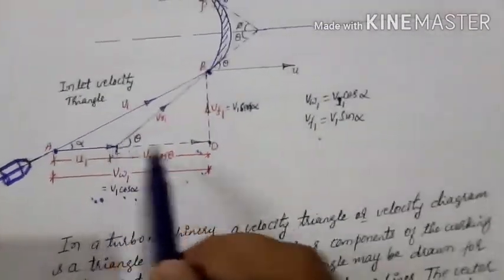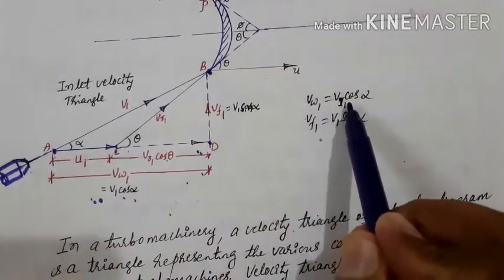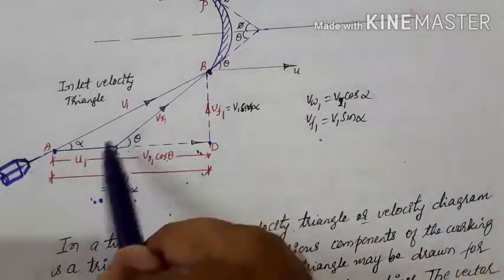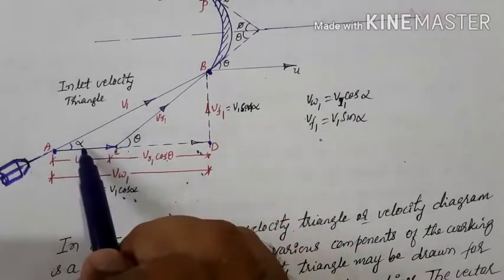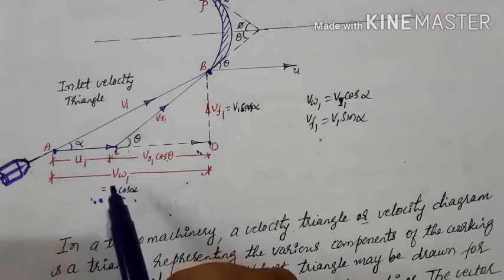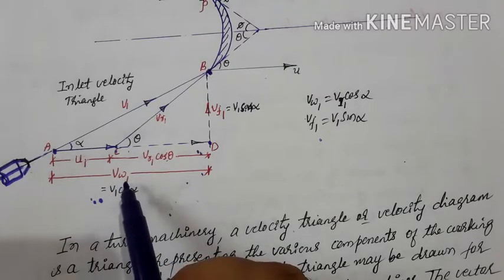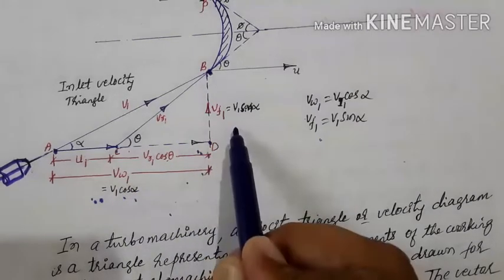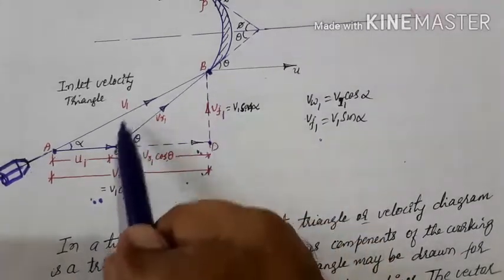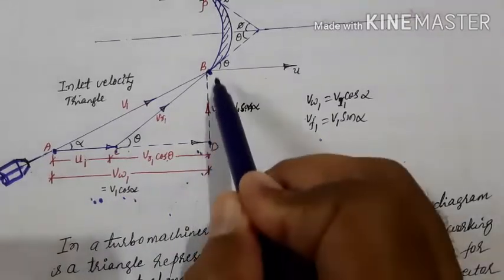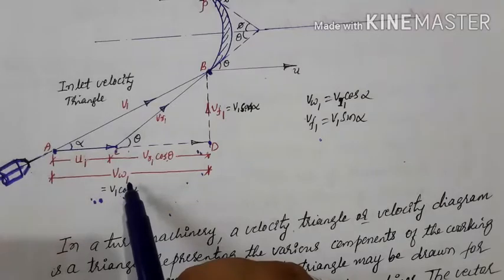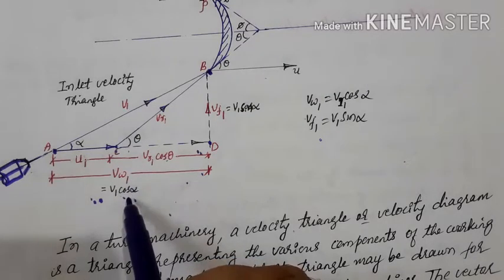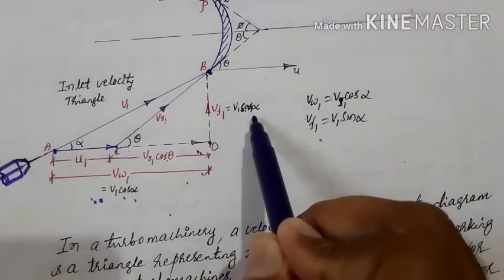So look at this figure. I have written here VW1 is V1 cos alpha, that is a component of V1. So this V1 is making an angle of alpha. So VW1 is nothing but the whirl velocity. Whirl means rotary motion. Then VW1 and VF1 are the components of V1 in the horizontal direction as well as the perpendicular direction. So VW1 is V1 cos alpha and VF1 is V1 sin alpha.